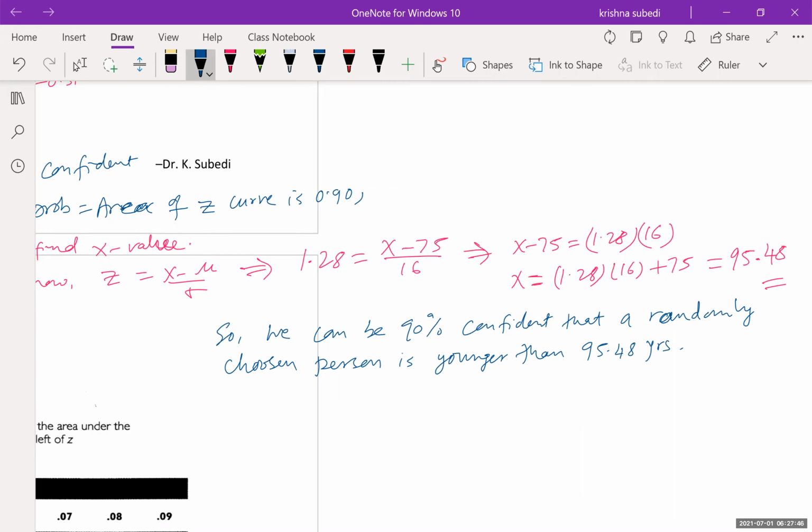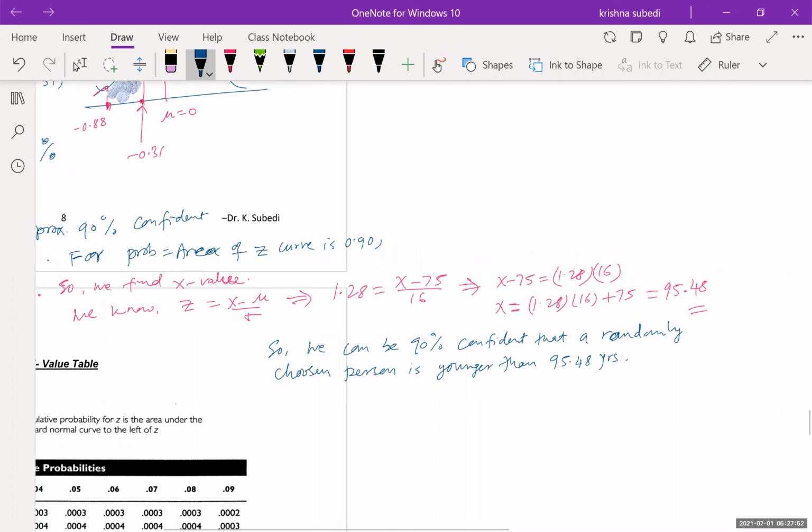Okay, that's it. So we are done with the normal curve.